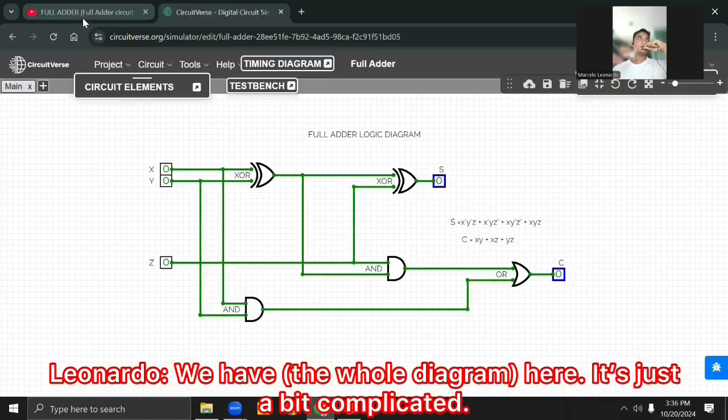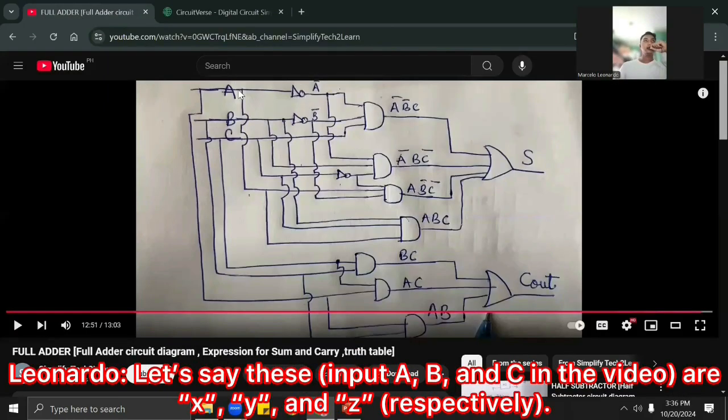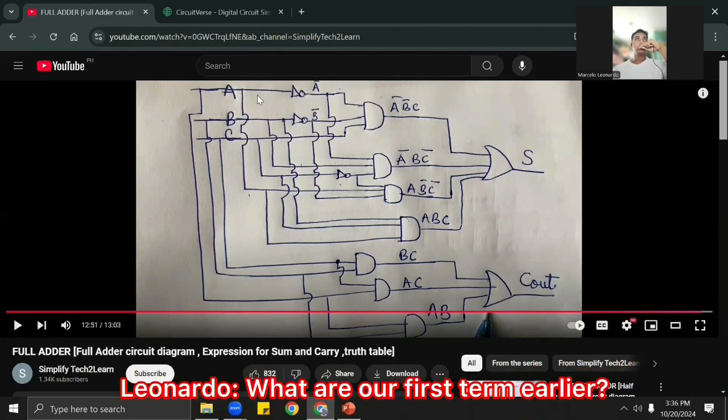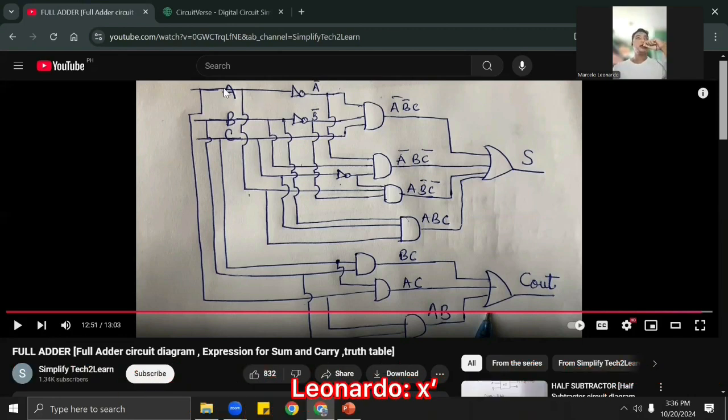Naintindihan dito, pero medyo complicated lang. Let's say, X, Y, and then Z. Ano yung una kaninang term? X not here, and then Y not. X here, then Z, diretso na. Then, second term, X not, Y, Z not. X not here, dito na siya kumonect.